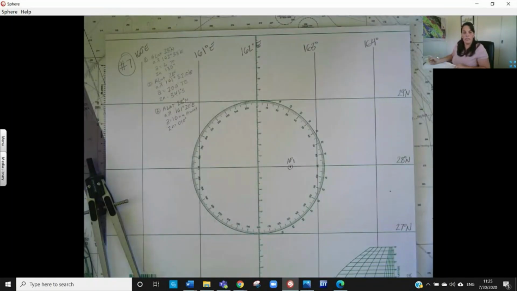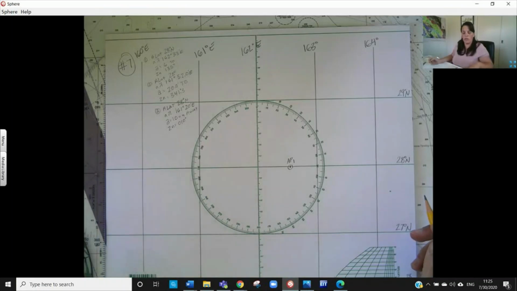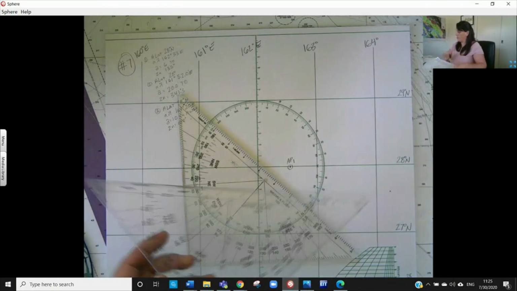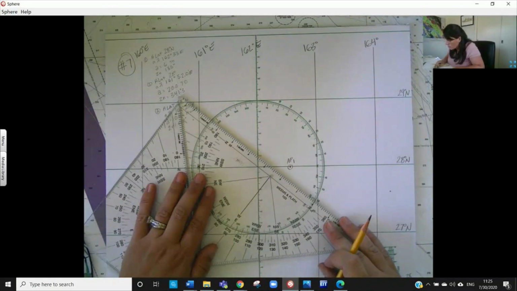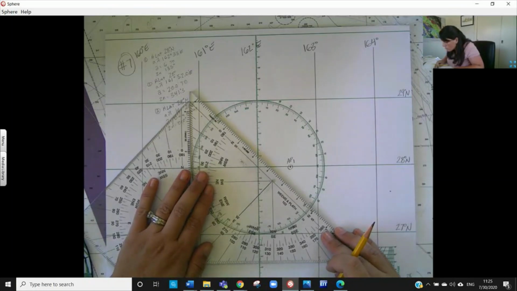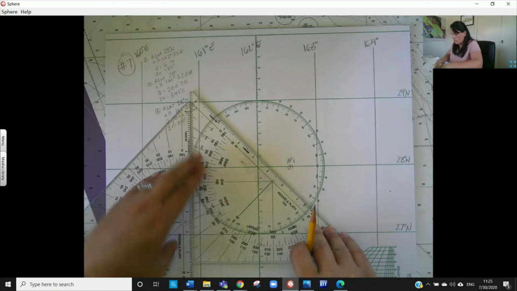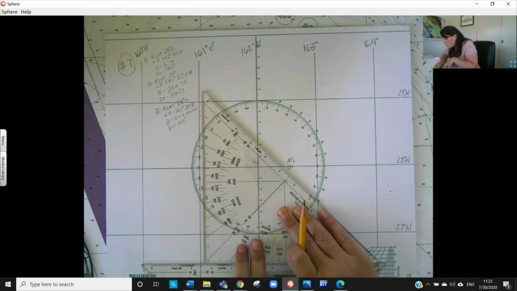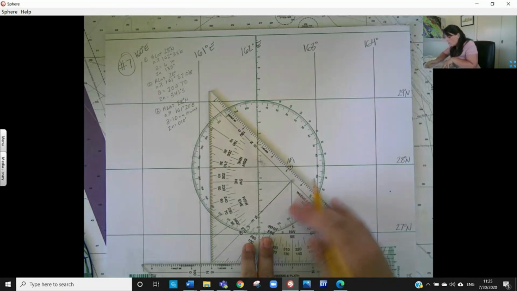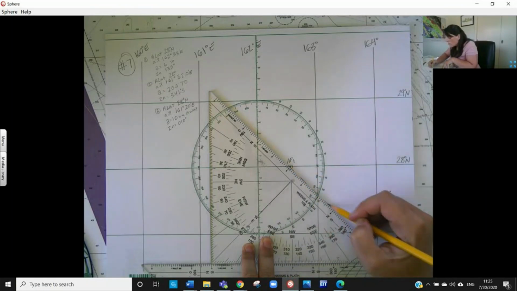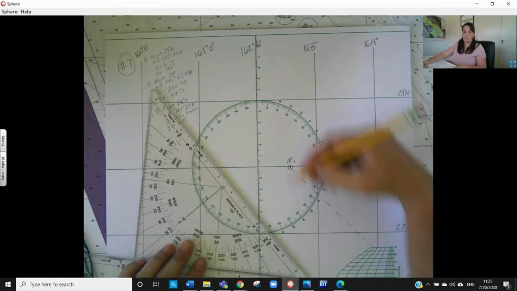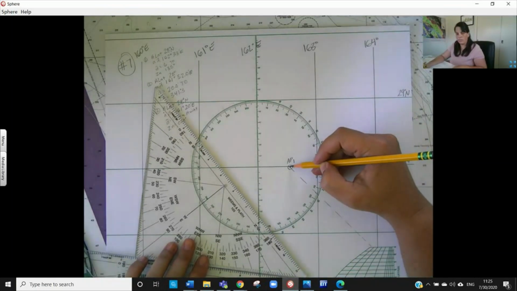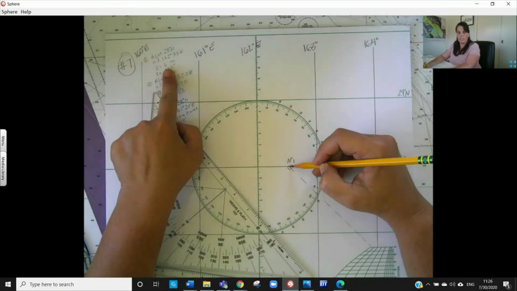My azimuth for number 1 is 135. So I'm going to find 135. So this is my azimuth at 135, and my distance away from my assumed position, or my intercept, is 6 miles towards 135.